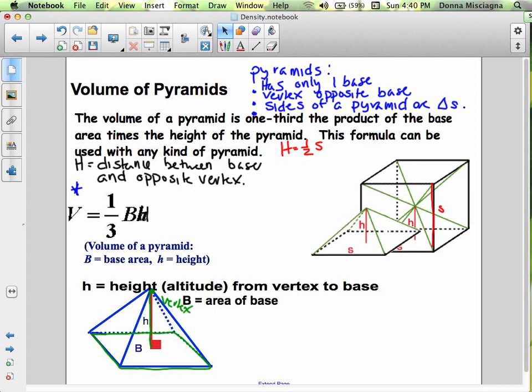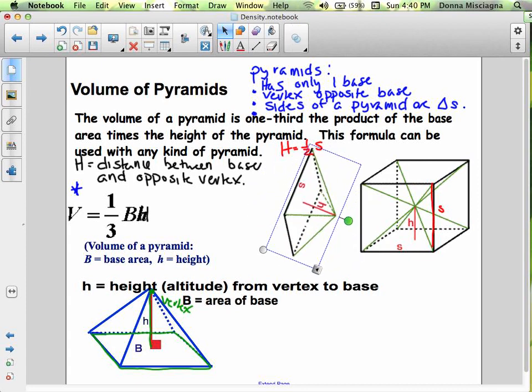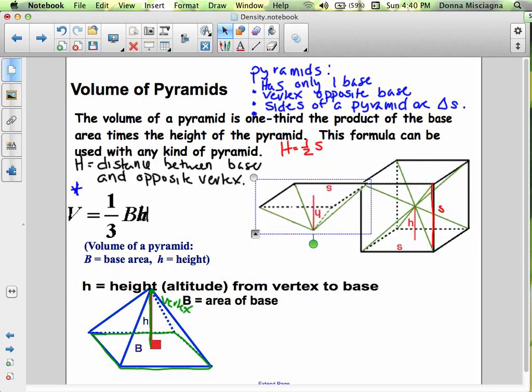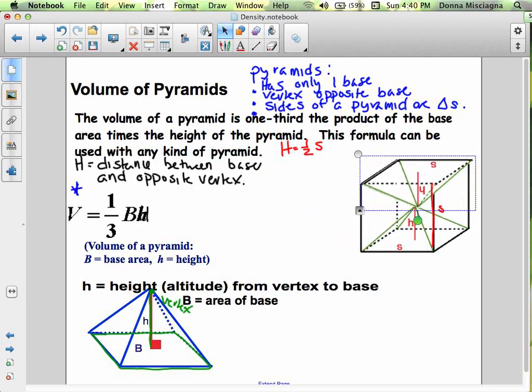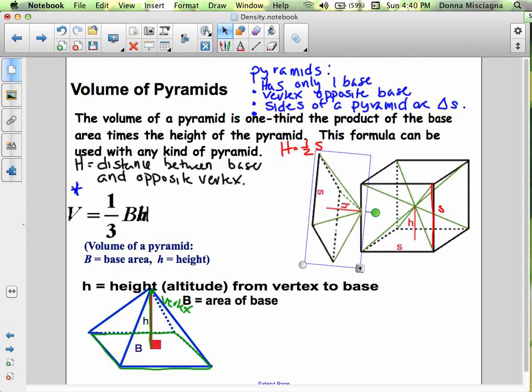Now, I can fit one pyramid at the bottom. I can turn this around 180 degrees, and we can fit a pyramid up top. Those two are kind of easy to see. And I don't think the side ones are too bad.